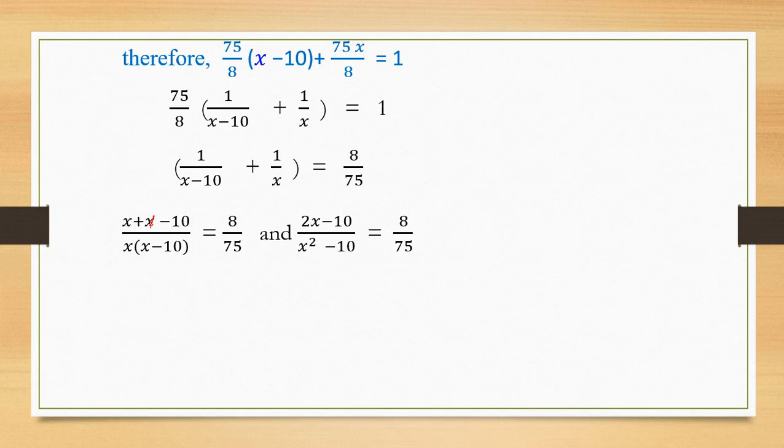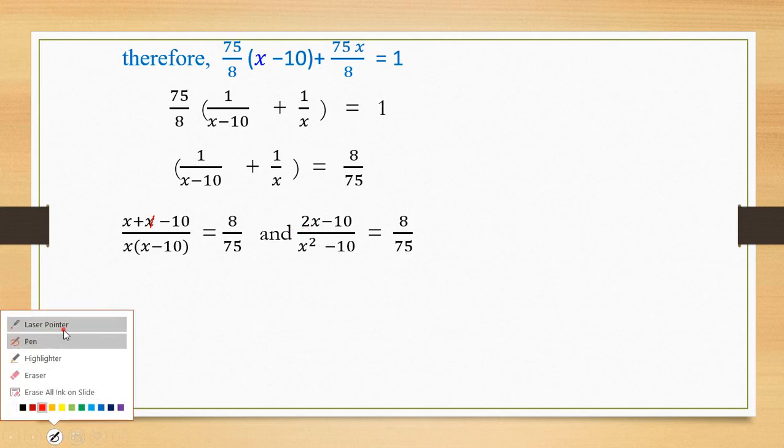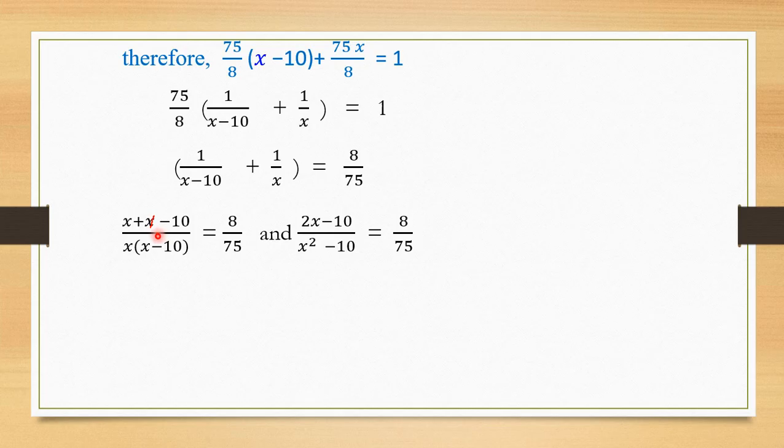So x plus x, we get 2x. Sometimes this is a mistake: if we observe that x and x are there, we cancel them in a hurry. Please remember both the x's are positive, so they add up: 2x minus 10, and the denominator is x into x minus 10, which multiplied gives x square minus 10x.